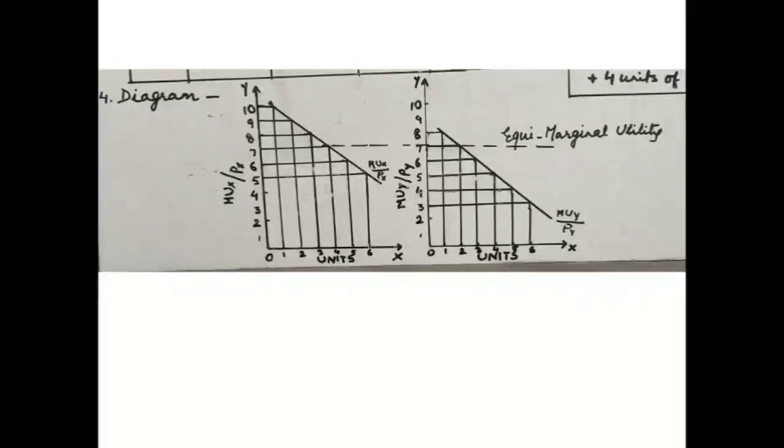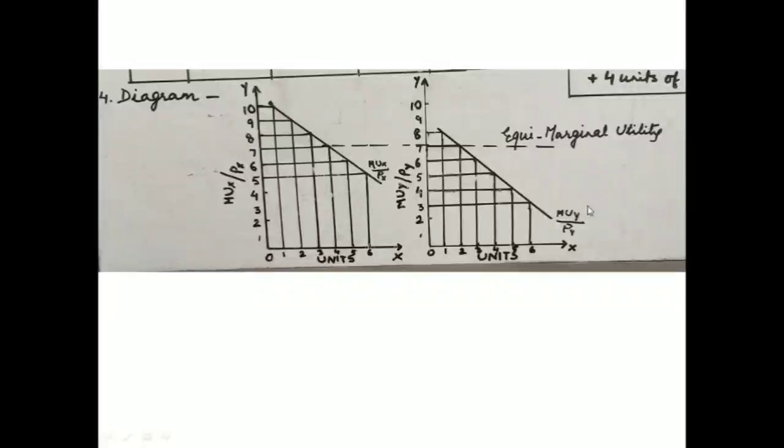The MUX by PX curve shows MU per rupee spent on commodity X, and the MUY by PY curve shows MU per rupee spent on commodity Y. These two curves are negatively sloped because of diminishing marginal utilities of each good.